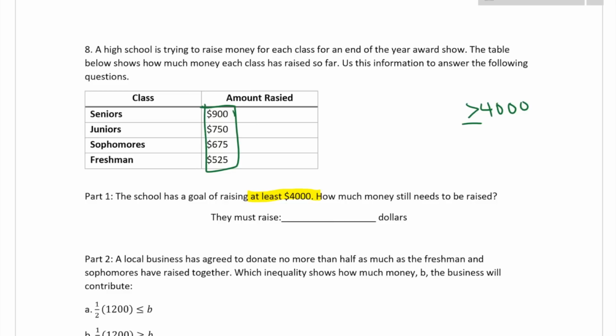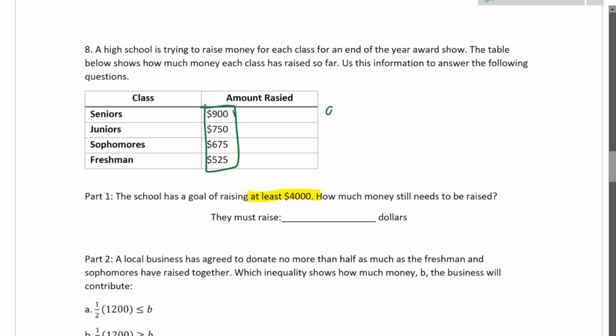All right, so I have 900 plus 750 plus 675 and plus 525. Okay, we're also going to add x to that, so I'm going to rewrite this, make it look a little nicer.